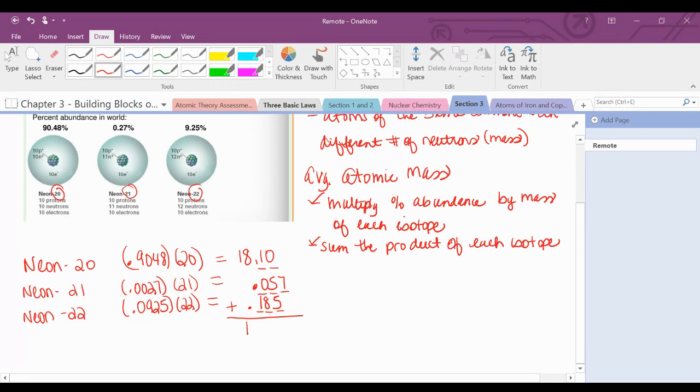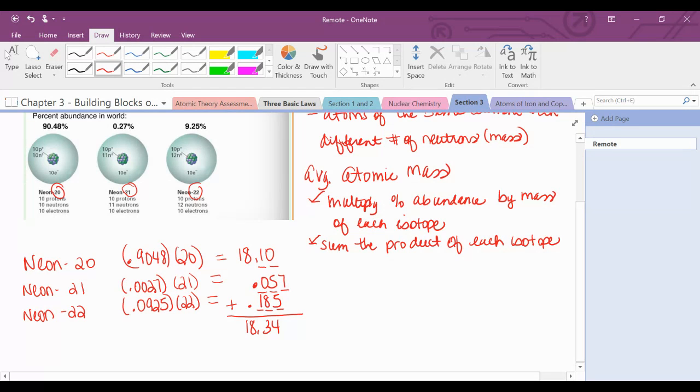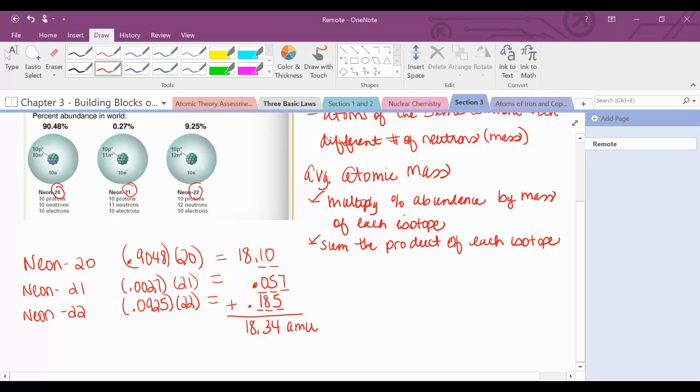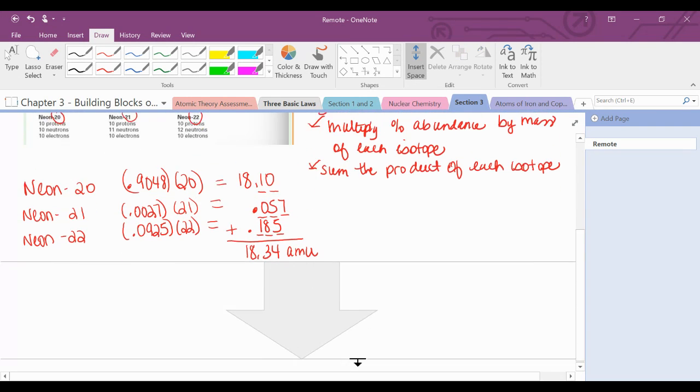So I'm going to get 18.34 here. And atomic mass typically has units of AMUs. Okay, so that's my first one. And here, all I was given was the percentages and the mass numbers. Let's look at a second example.